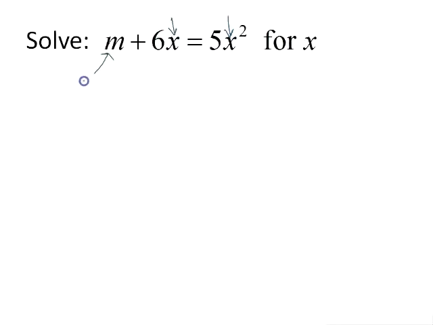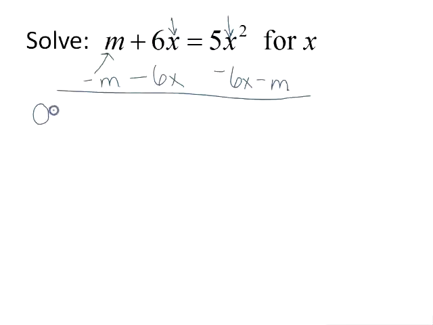In order to use the quadratic formula, we need to set it equal to 0. So I need to subtract the m, and I need to subtract the 6x from both sides of the equation to get it in standard form. That would give me 0 equals 5x squared minus 6x minus m.